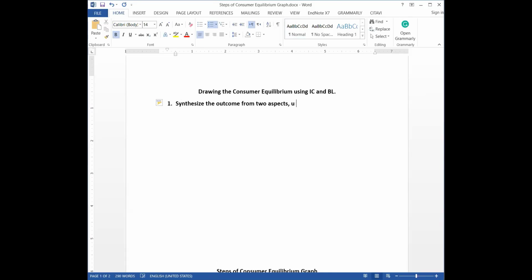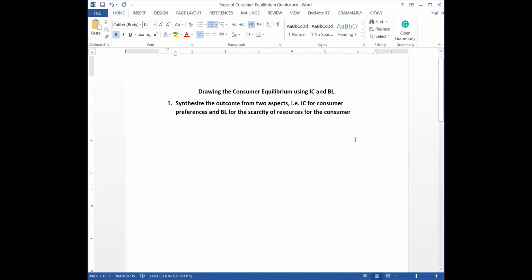One is indifference curve for consumer preferences, and the other is budget line for the scarcity of resources for the consumer.